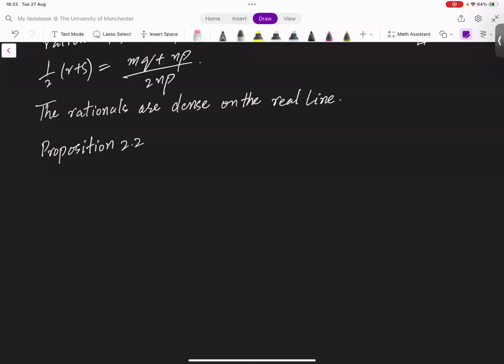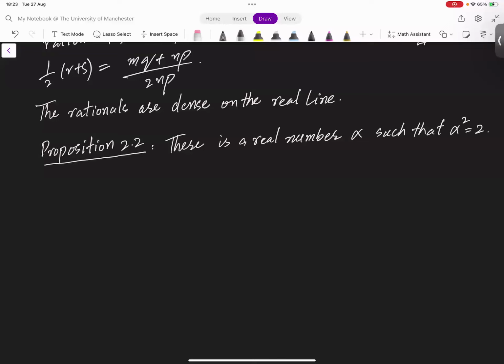Proposition 2.2 says that there is a real number alpha such that alpha squared is 2. Remember, there is a real number alpha such that alpha squared is 2.